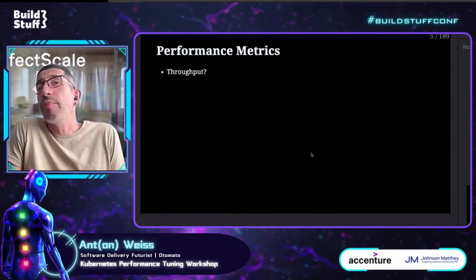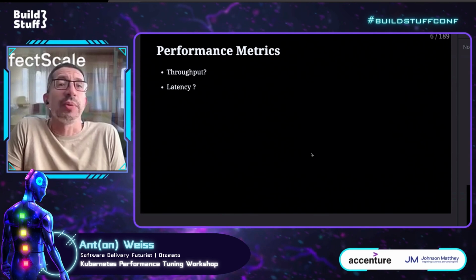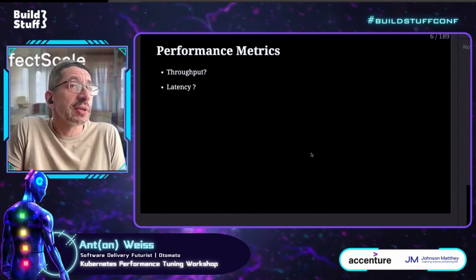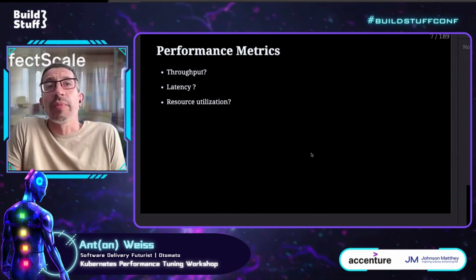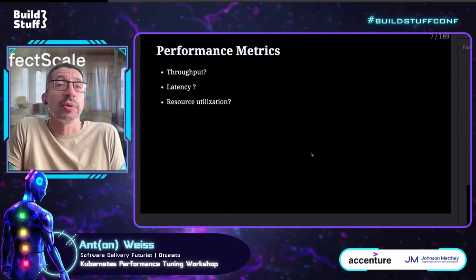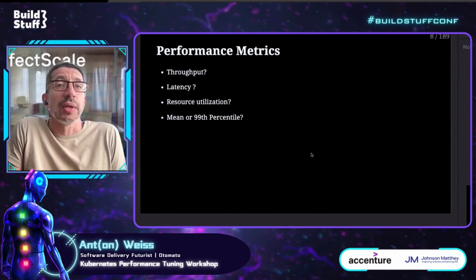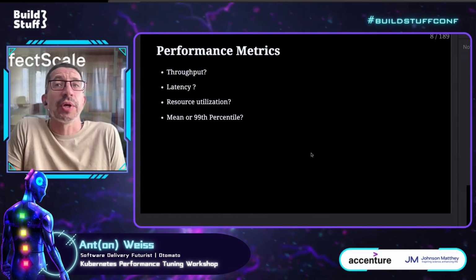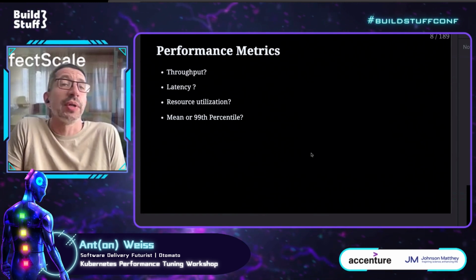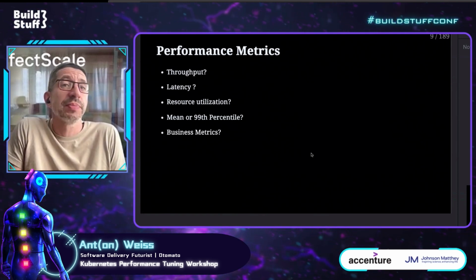Are we talking about throughput? Or maybe are we talking about latency? Or maybe we're talking about resource utilization, right? And when we're looking at that, do we care about mean or 99th percentile?